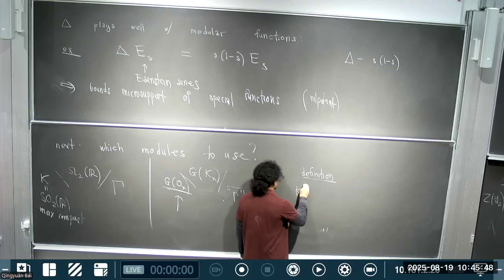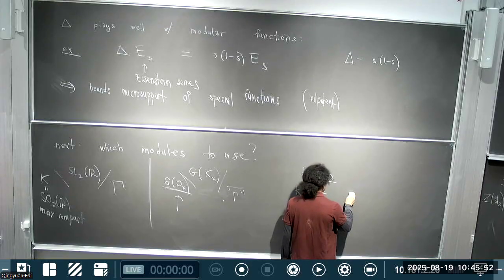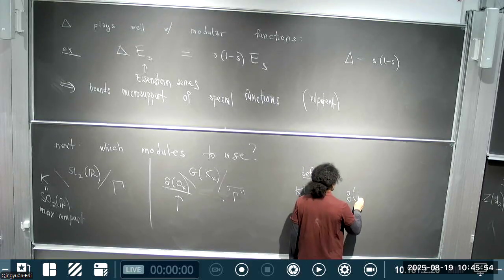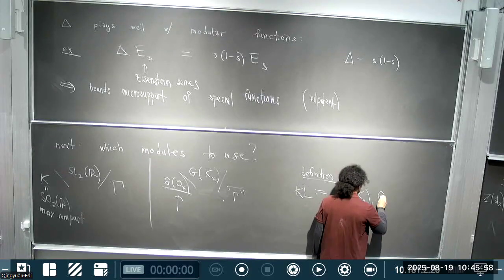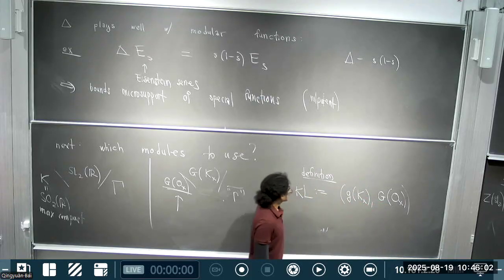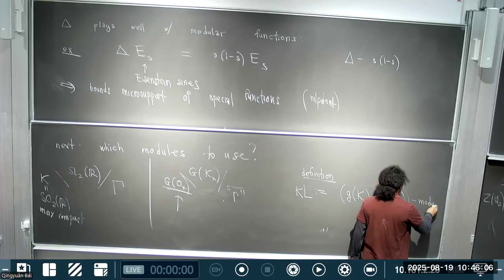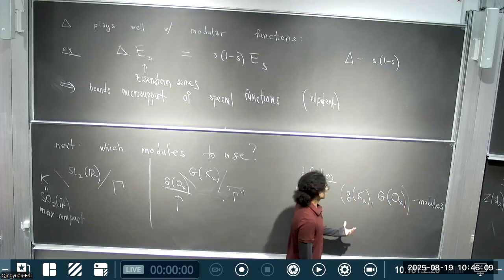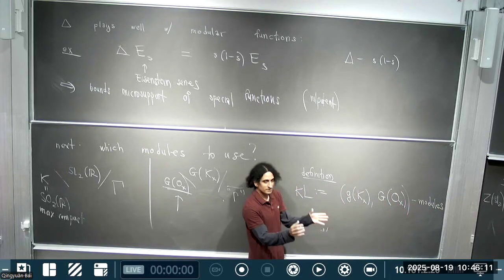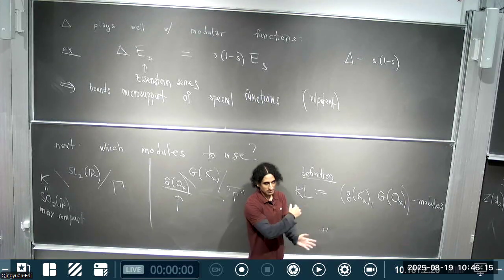Definition: KL is the category of modules for this, on which... In general, if you have a representation of a group, you can differentiate to get a representation of the algebra. You can't always integrate that.